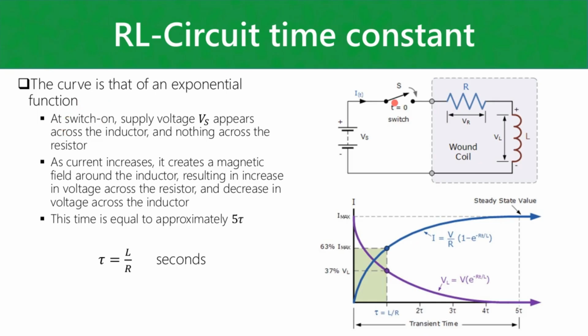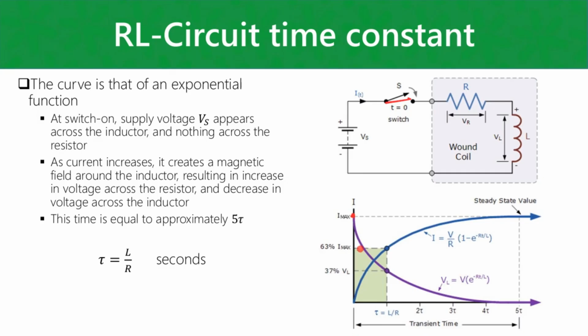Right, so in this circuit, at the moment that we switch it on, in the beginning you essentially have zero current flowing in the circuit, and your voltage is at a maximum.